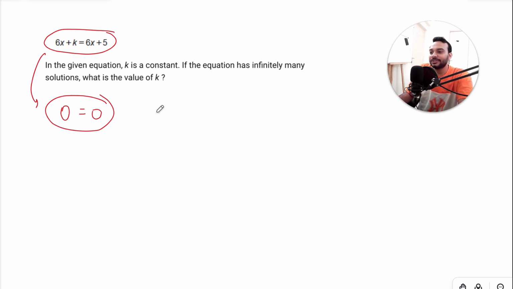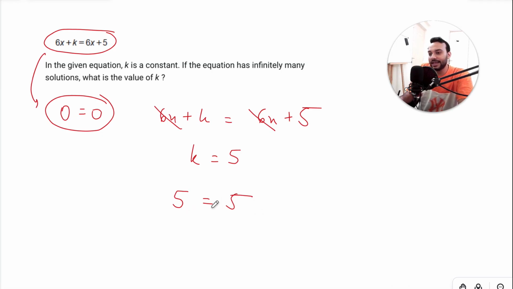So 6x plus k is equal to 6x plus 5. For it to have infinitely many solutions, the variable terms must cancel each other. So 6x and 6x, they would cancel each other. K must be equal to 5, because when you put k is equal to 5, it's 5 is equal to 5. I get rid of the 5 on any one of the sides.